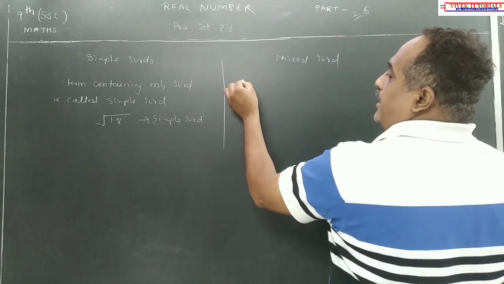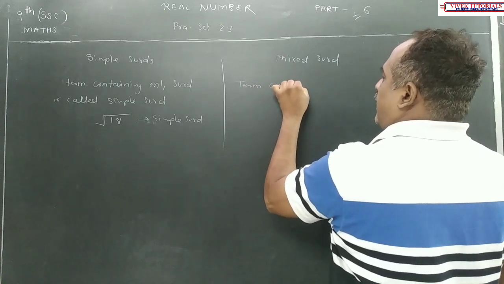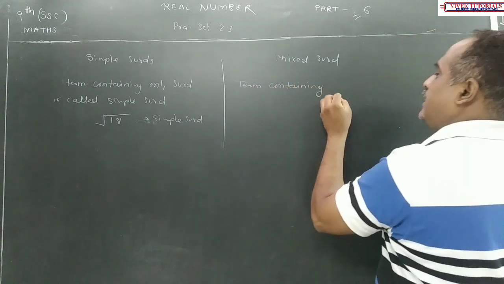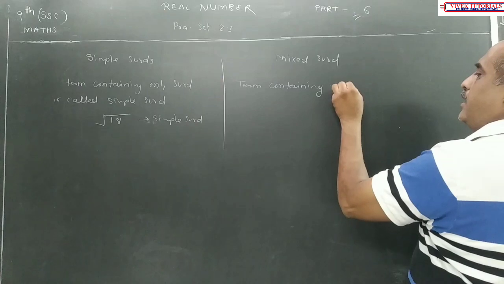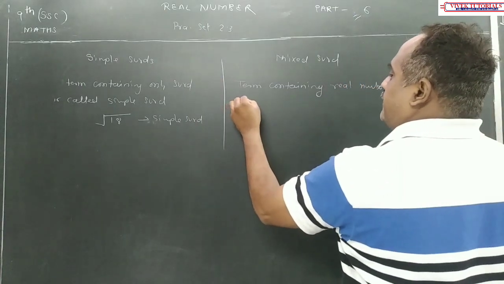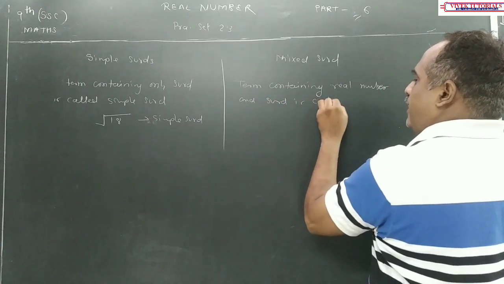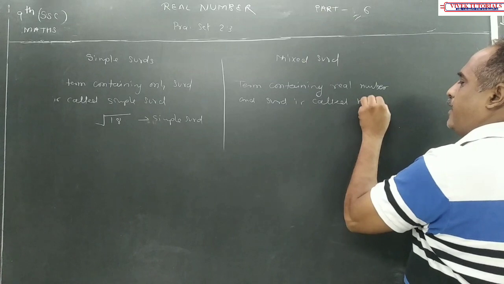And a term containing a real number and a surd is called a mixed surd.